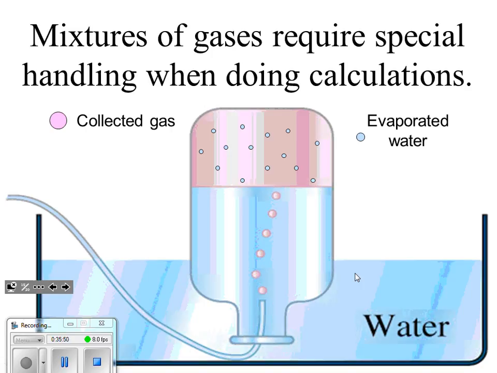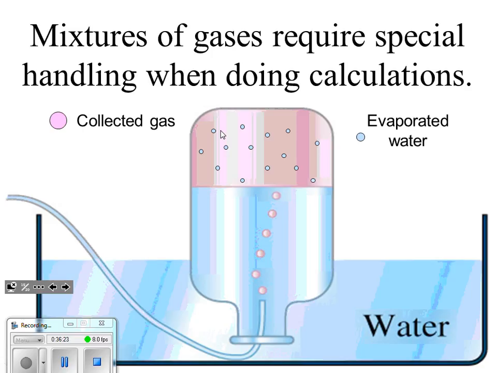Mixtures of gases require special handling when doing calculations. The reason being, as you can see up here, I have my gas here, but I have evaporated water particles in my gas. So not only is this the pink gas that I have collected, I have water evaporated in that gas.